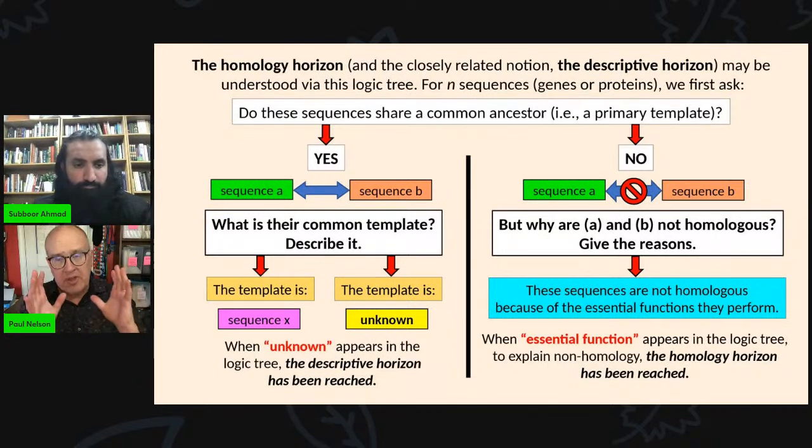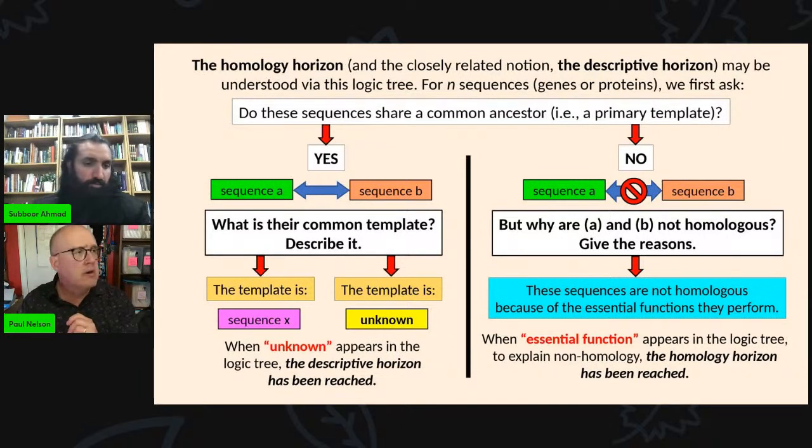Now, if I took delta hemoglobin and cytochrome C, let's say, or a bacterial protein that I'll have an example of later in the presentation, it would be very much harder to homologize those two geometries or topologies than it would two delta hemoglobins.